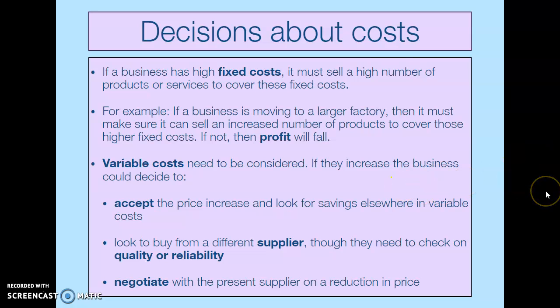Variable costs need to be considered. If they increase, the business could decide to: A, accept the price increase and look for savings elsewhere in variable costs; B, look to buy from a different supplier, though they need to check on the quality or reliability; and C, negotiate with the present supplier on a reduction in price.